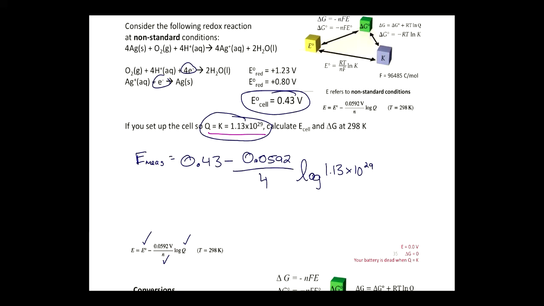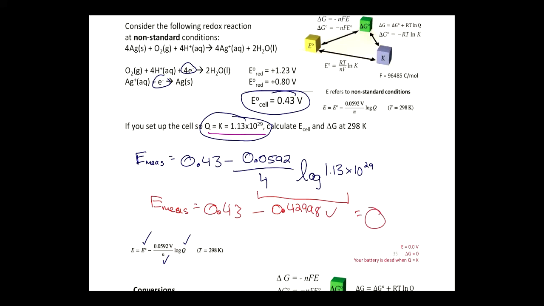If you plug all of this into your calculator, 0.0592 divided by 4 times log 1.13 times 10 to the 29, this whole term is 0.42998 volts. So what we will measure is 0.43 minus that. What will we get? 0. Yeah, it's basically 0.